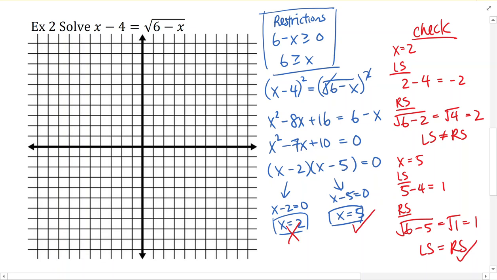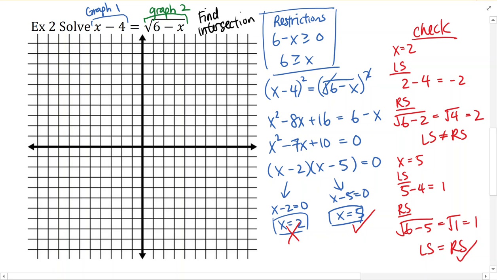So let's graph this out. The strategy to graphing this is to break it down into 2 separate graphs: look at this side as graph 1, and this side as graph 2. Once we graph the 2, we will find where they intersect.